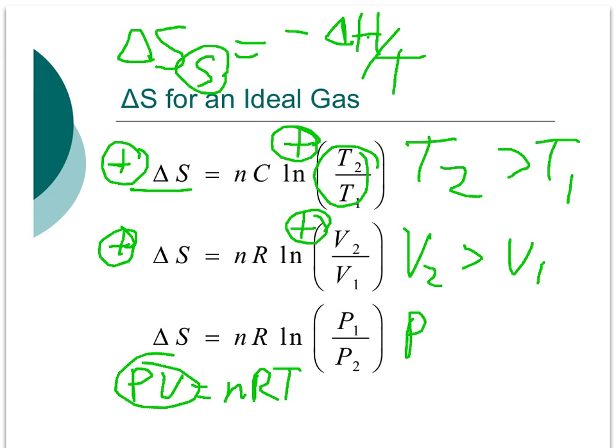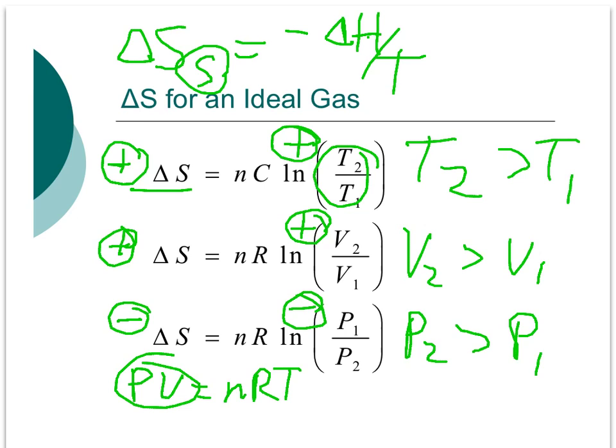If P2 is greater than P1, which is equivalent to compressing the gas, then P1 over P2 is some number less than 1. The natural log of any number less than 1 is negative, and that causes the entropy change to be negative. Again, squeezing a gas is analogous to reducing its volume, which produces a negative change in the entropy.